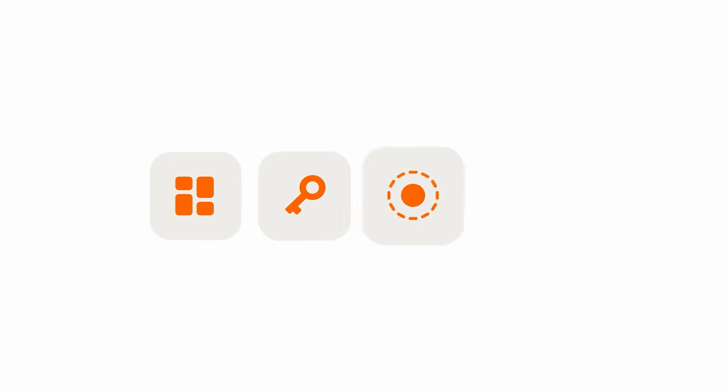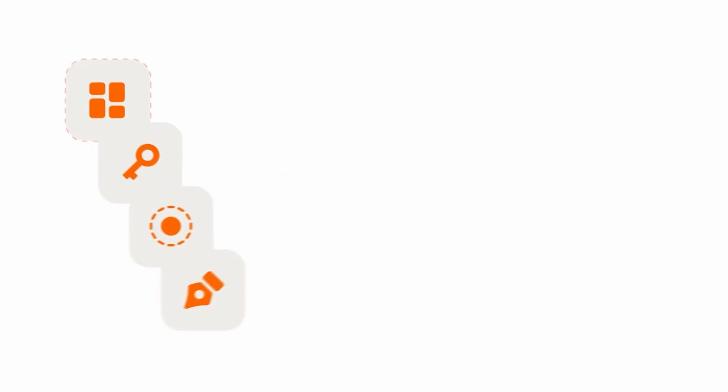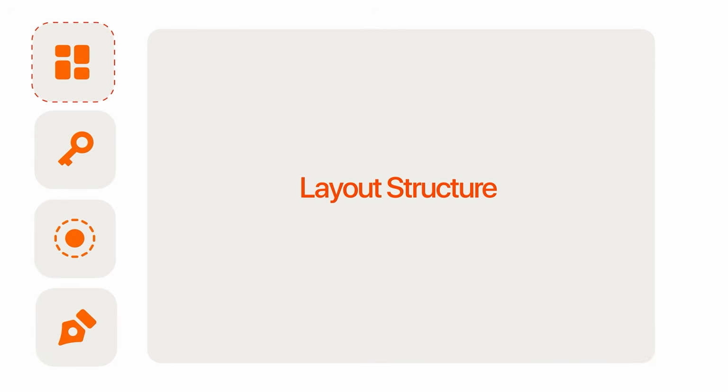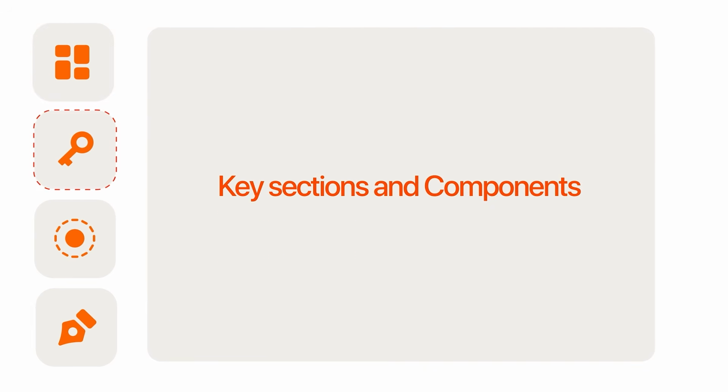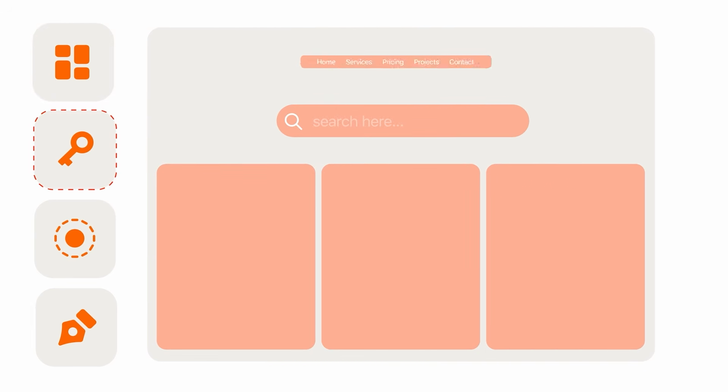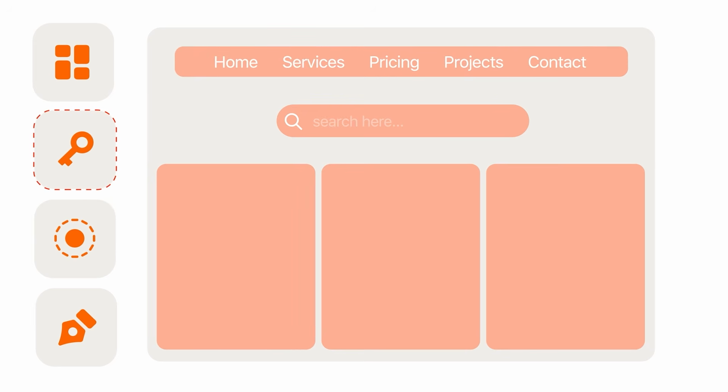So every good clone prompt needs 4 things. First, it needs the layout structure, and that means describing how the screen is arranged, whether the app uses columns, sidebars, sticky headers, fixed panels, or independent scrolling areas. Second, it needs the key sections and components like, say, the search bars, user cards, feeds, panels, forms, modals, or navigation menus.